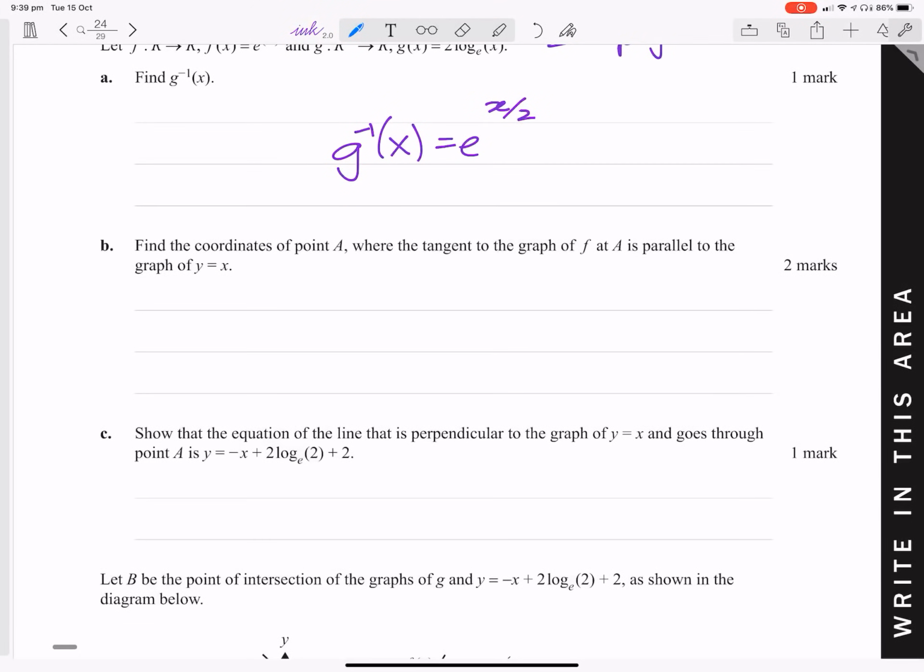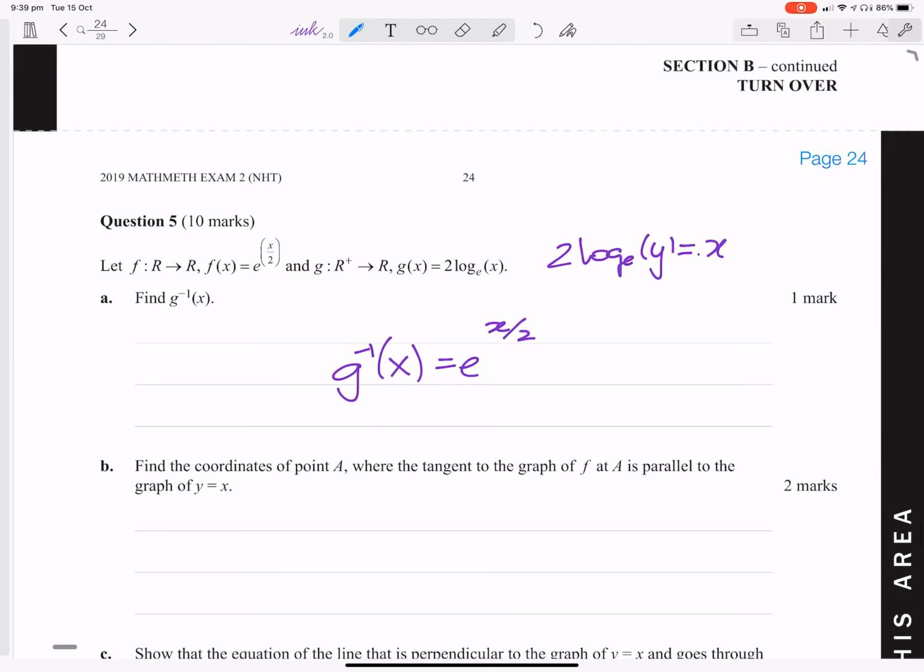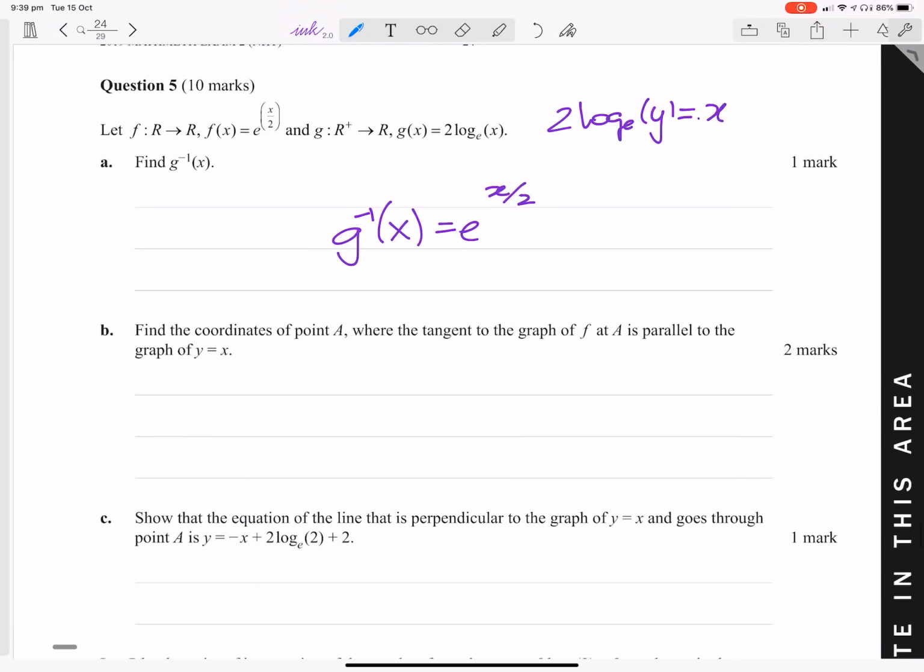Okay, find the coordinates of the point A where the tangent to the graph of f at A is parallel to the graph of g, so it's got a gradient of 1. So f dash of x equals 1.